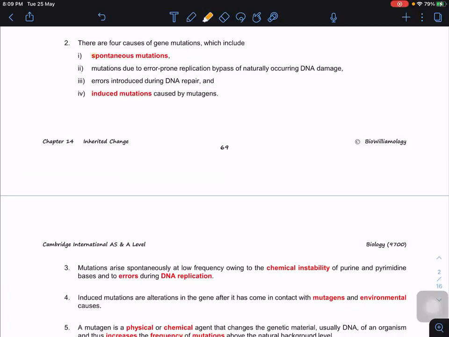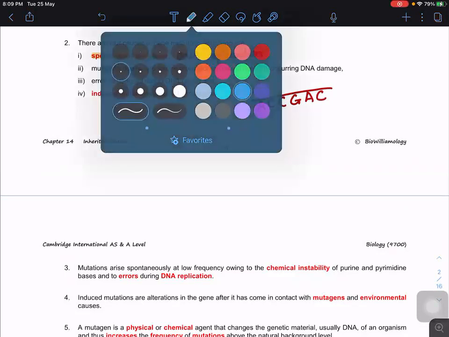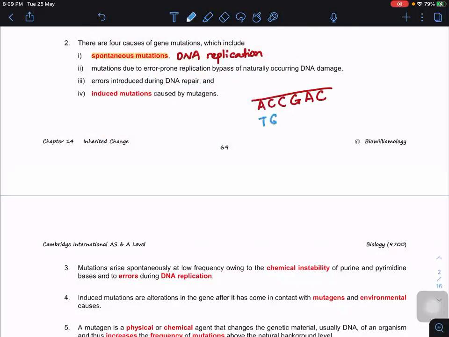The first one is spontaneous mutation. This one is out of our control; it can happen every time our DNA replication takes place. Why can this happen? For example, if the template or parental strand is A, C, C, G, A, C, then during synthesis of the new strand we add T, G, G, C, T, G, making the complementary strand, because DNA replicates semi-conservatively.